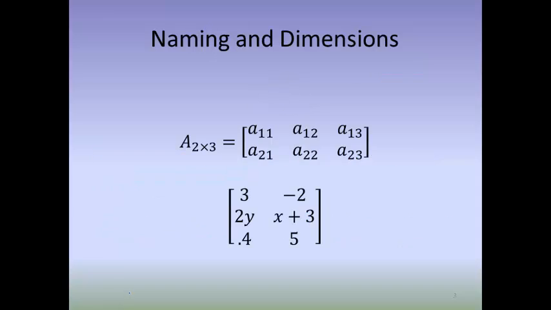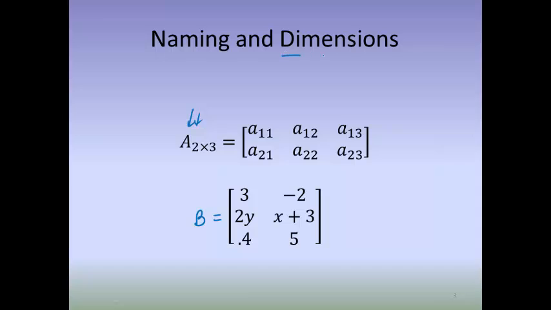All right, moving forward. So naming and dimensions. Matrices are named with a capital letter. We always use a capital letter to name the matrix. So in this case, we're calling this matrix A. Maybe I can call this matrix B. When we use a capital letter for the matrix, the elements have lowercase letters if we're just doing a general matrix here.